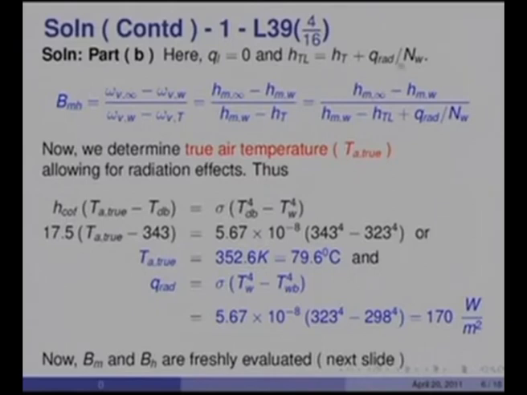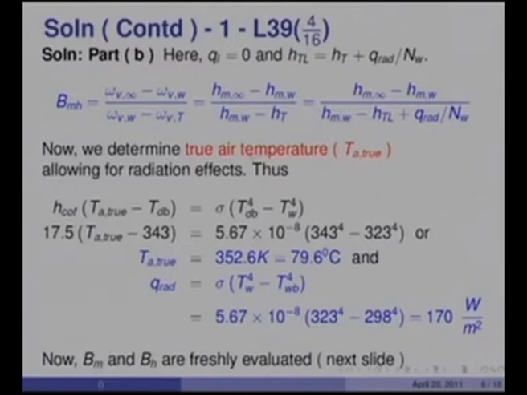You will recall, we account for Q rad in the neighboring phase, and therefore, HT will be Q rad divided by NW, and therefore, BM would be still omega V infinity by omega VW minus omega VT equal to HM infinity minus HMW over HMW minus HT, which would transform to HM infinity minus HMW over HMW minus HTL plus Q rad by NW. Now, this relationship you already know, we have derived this when discussing the Reynolds flow model.